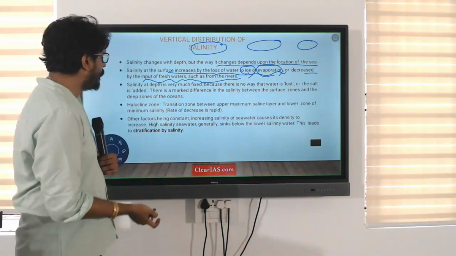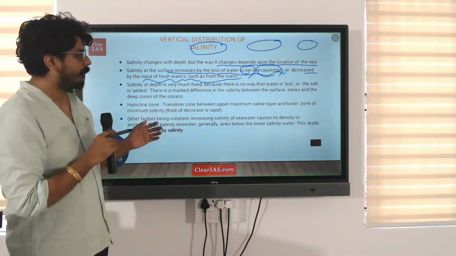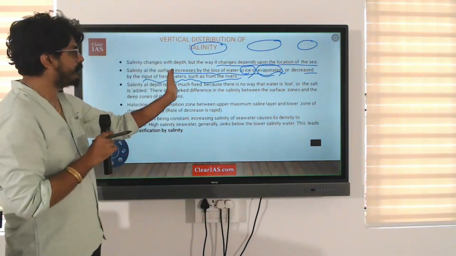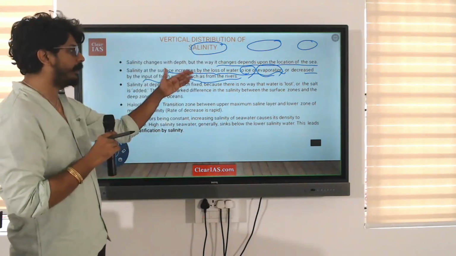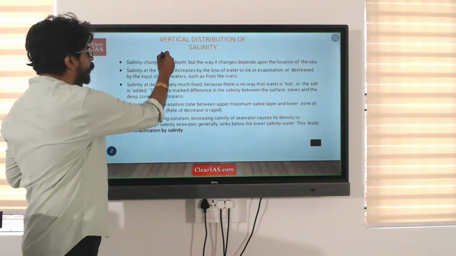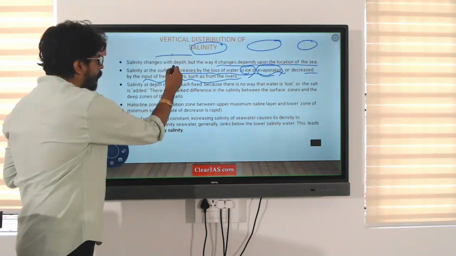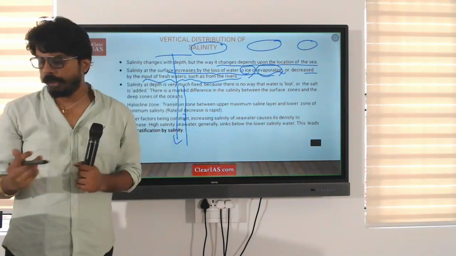Next. Similarly, salinity at depth is very much fixed. Now, we said that at the surface there can be changes. Salinity can increase with evaporation, decrease with precipitation. But as Disha is moving downwards in the ocean, she can see that the salinity is almost constant. Why?